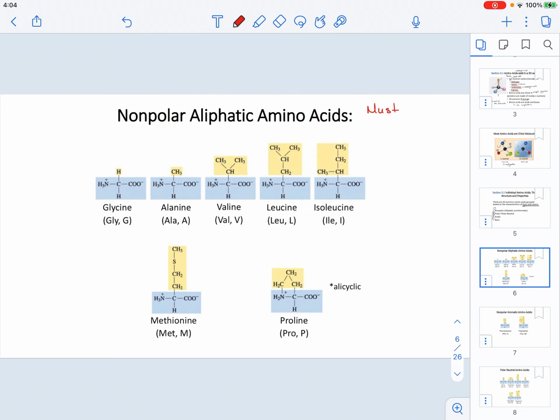You must know their structure, condensed or skeletal, their full name, their one letter code, and their three letter code.